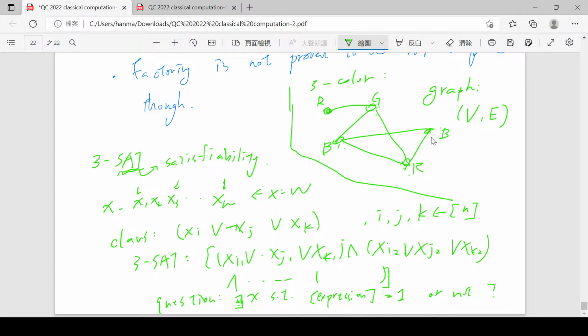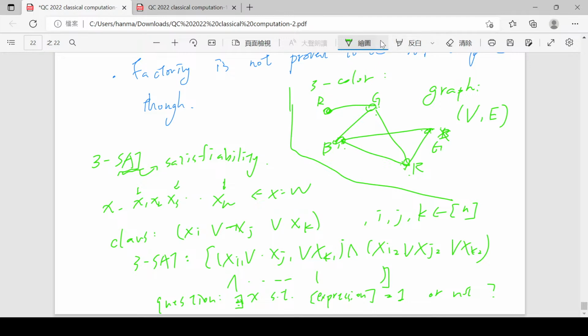So obviously this one is doable because I just gave you an example. Oh, actually no, I did this wrong, right? So this is a bad assignment because we will have this edge that has B on both sides. So that's not good. So we should have a G here, right?